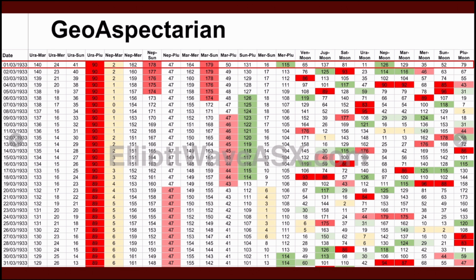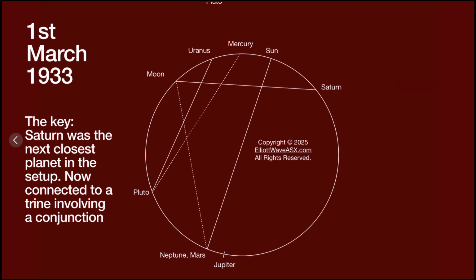And if we look at a schematic of the low, the key is that Saturn was the next closest planet in the setup, and now Saturn is linked to a trine involving a conjunction.